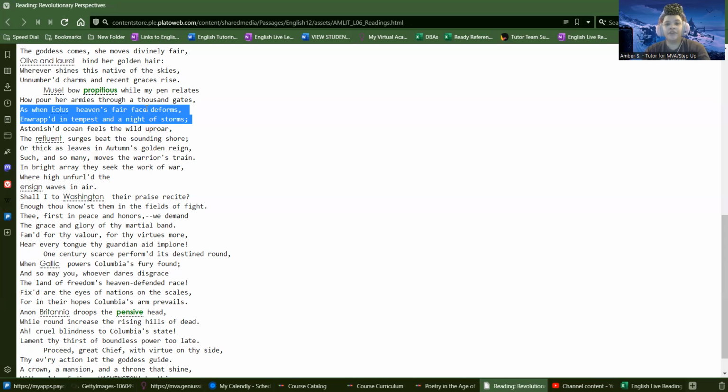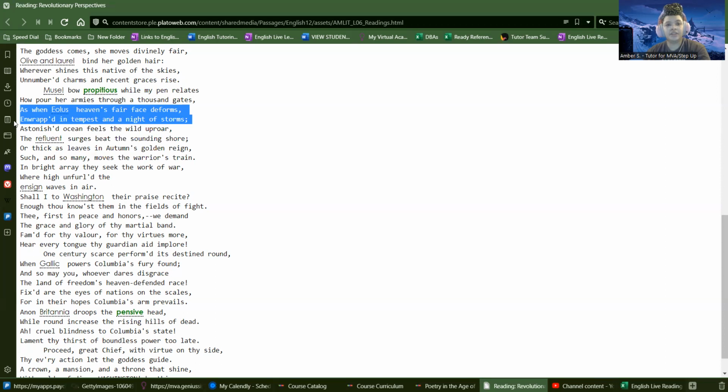Aeolus is being described as someone who is gorgeous and charming. And then it says deforms. So deforms here is his face is changing from something that's beautiful into something that isn't.